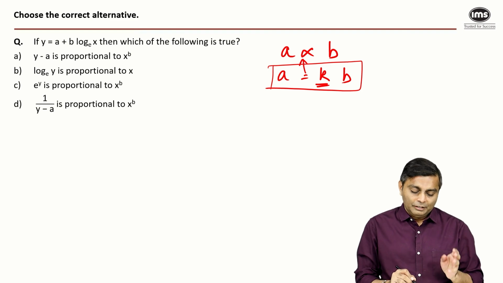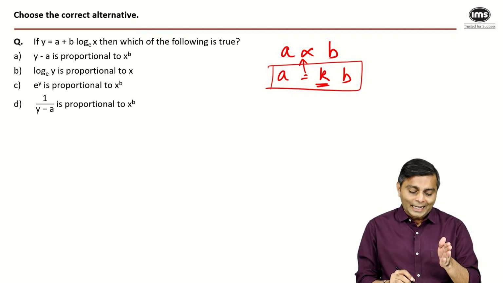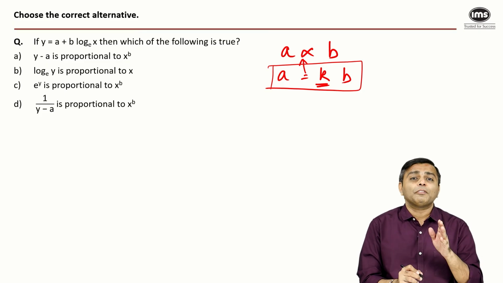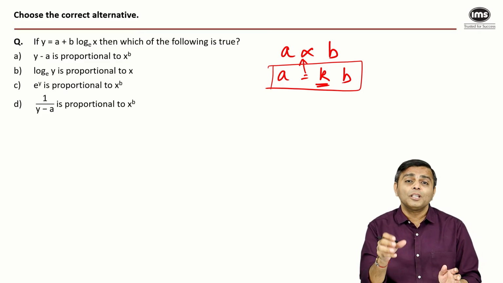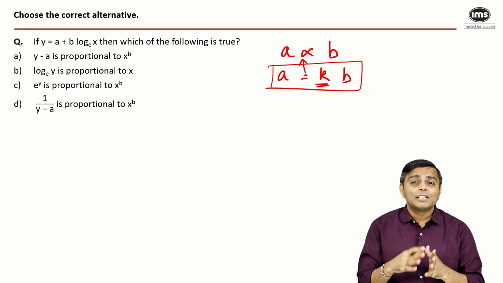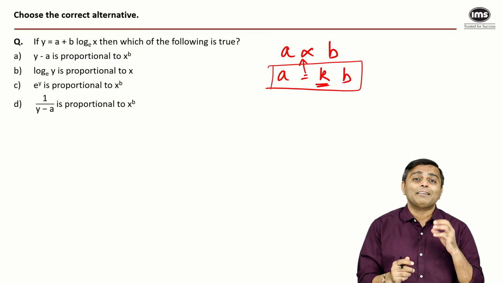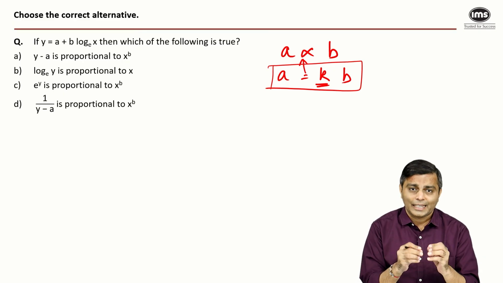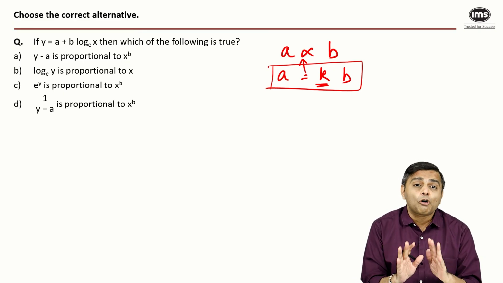Now, they have said y is equal to a plus b times log of x to the base e. They've said y is equal to something in terms of x. In general parlance, y is equal to something in x means x and y are variables. Other things like a and b, we will treat them as constants.